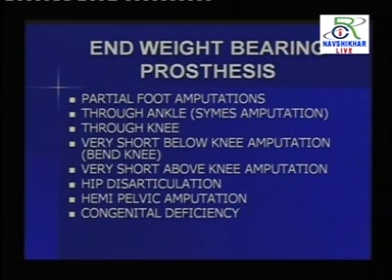So in other cases, the above knee amputation. Above knee means very short above knee. If it is a regular above knee or ideal stump, then we can go for a regular above knee prosthesis, which is being fitted to most of the patients. But if it is amputated at a very short level above the knee, just 1 inch or 2 inches below the hip joint itself, having a femur of 1 inch or 2 inches, in that case we have to use end weight bearing by keeping the hip in the flexion position, making it rest on the ischial tuberosity.